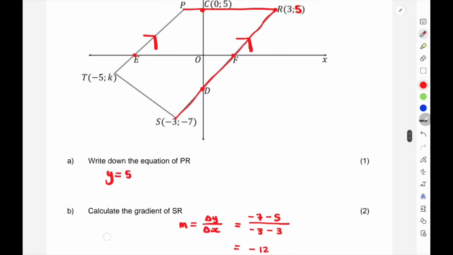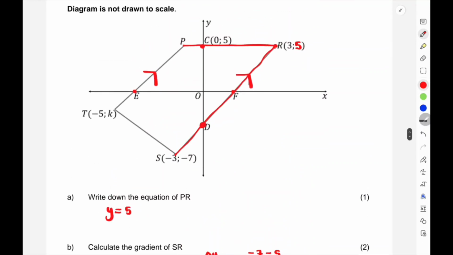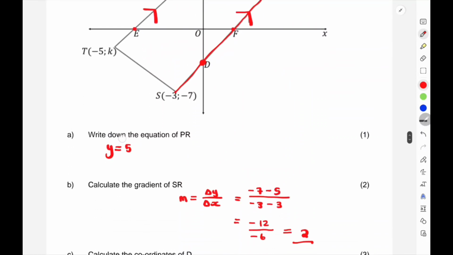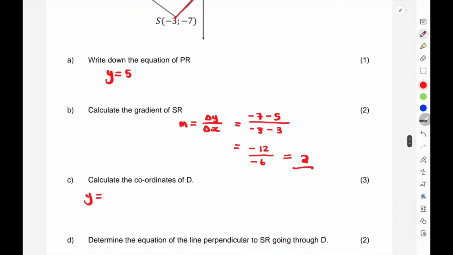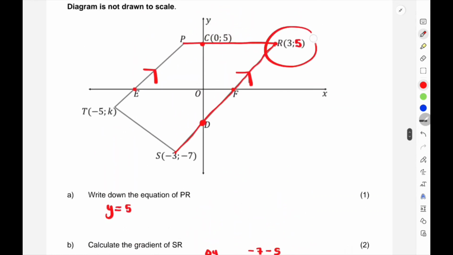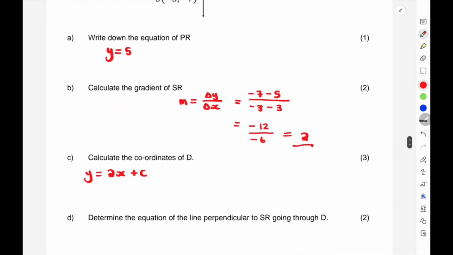Calculate the coordinates of D over here. Now we've got the gradient of SR. We just need to finish y is equal to 2x plus c, its full equation. So I'm going to replace R over there, which is 3, 5, and the x value is 3.